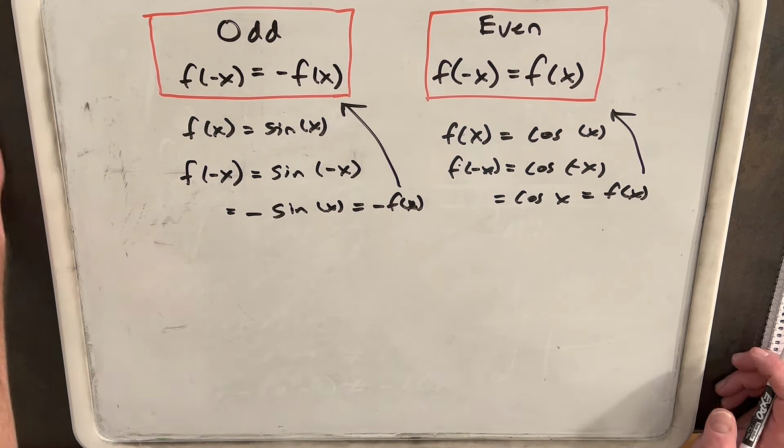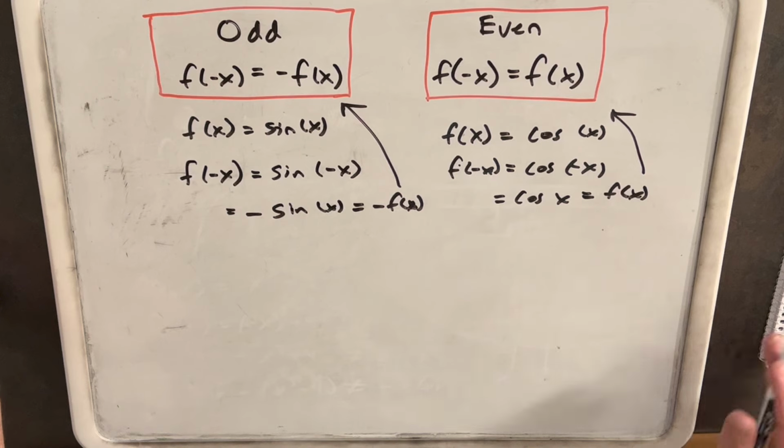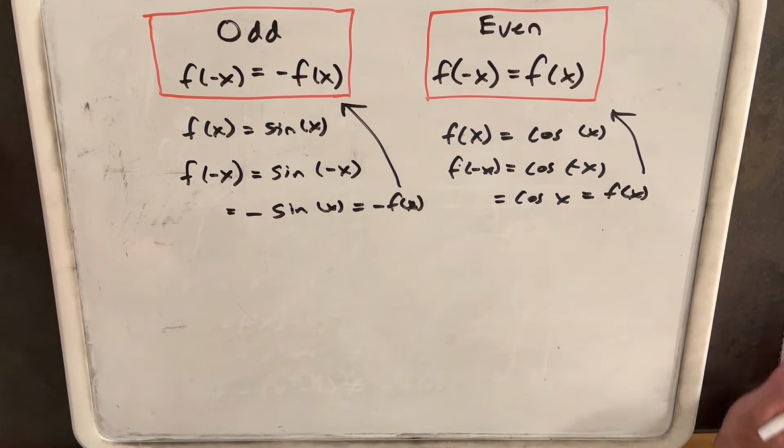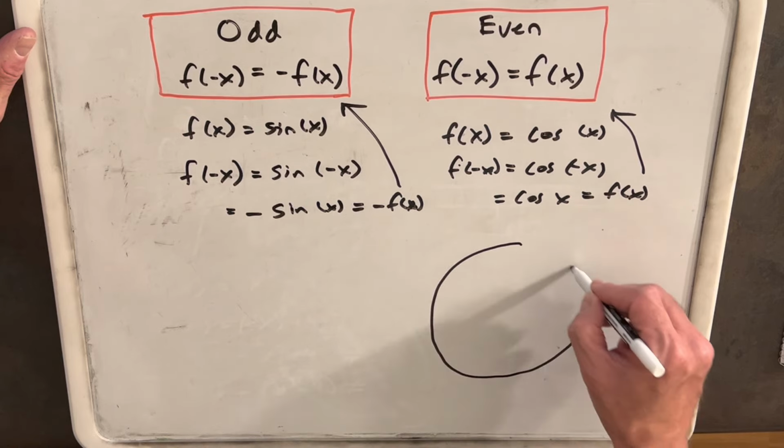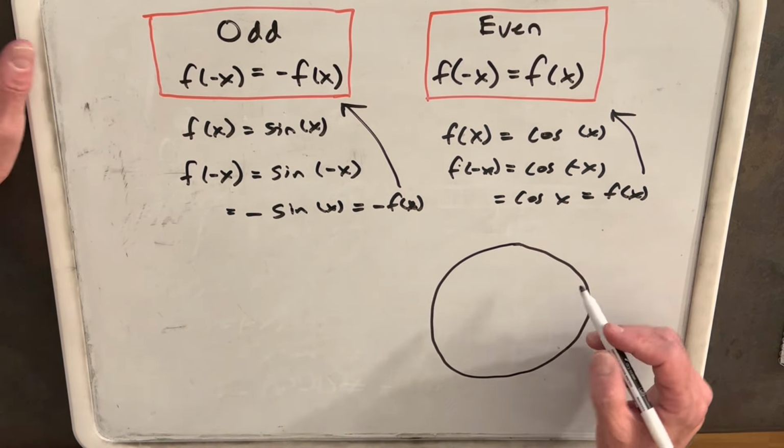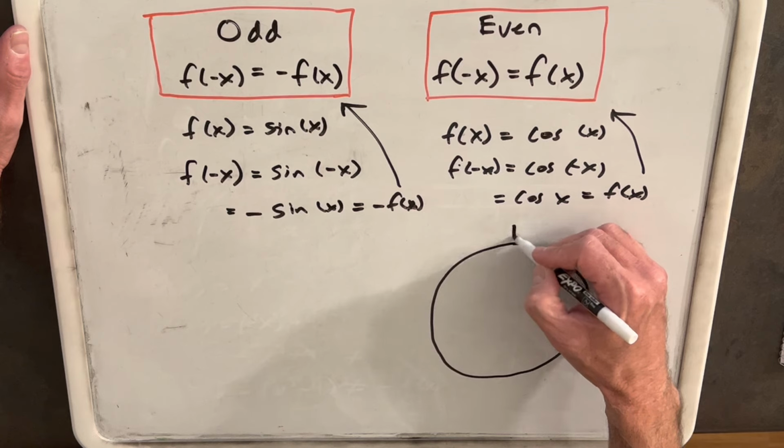But then let's actually show it. There's a few ways you can see this if you actually look at the sine or cosine curve, the full curve. I just don't want to draw it because it's going to be a mess. But let's look at the unit circle. Let's just take a couple of points.